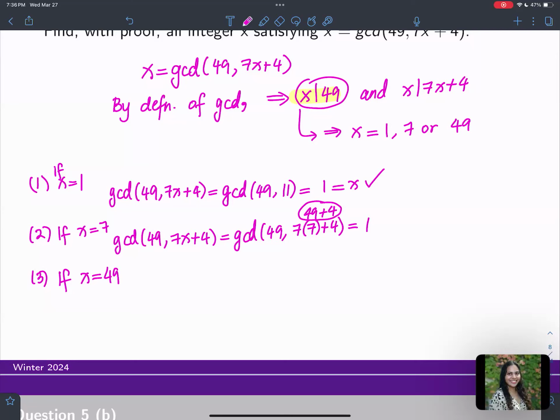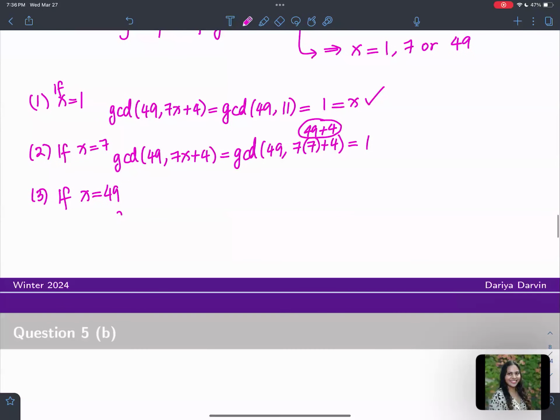If the GCD is something other than 1, it can only be 7 or 49. So 49 plus 4 can't be a multiple of 7 or 49, so obviously they have nothing in common.